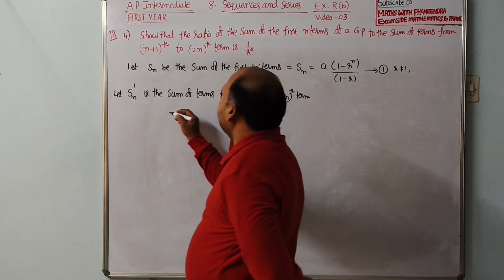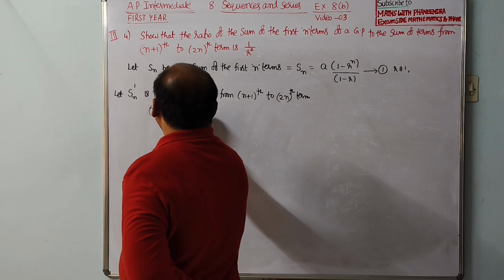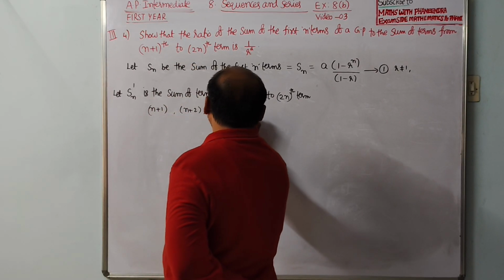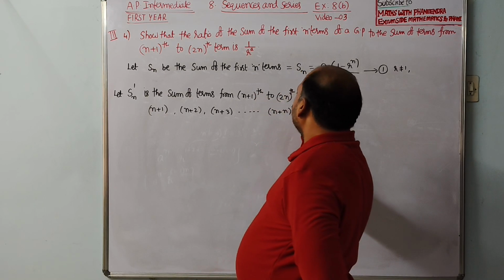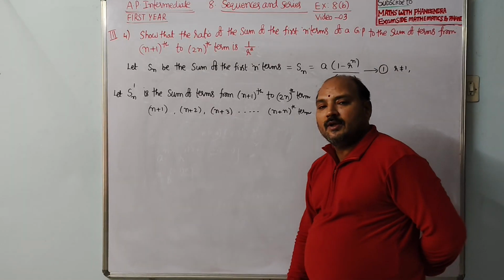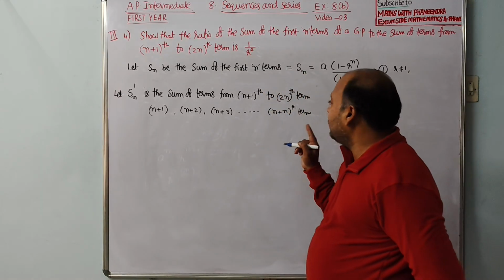Let Sn dash be this sum. See how we are going to write it: first the n plus 1th term, next the n plus 2th term, n plus 3th term, and so on. 2n means what? n plus n itself, no? So n plus 1, n plus 2, n plus 3, and so on up to the n plus nth term. Okay, dear students?